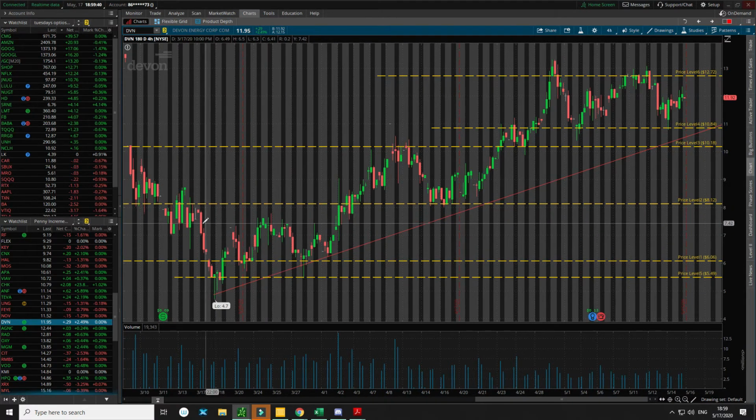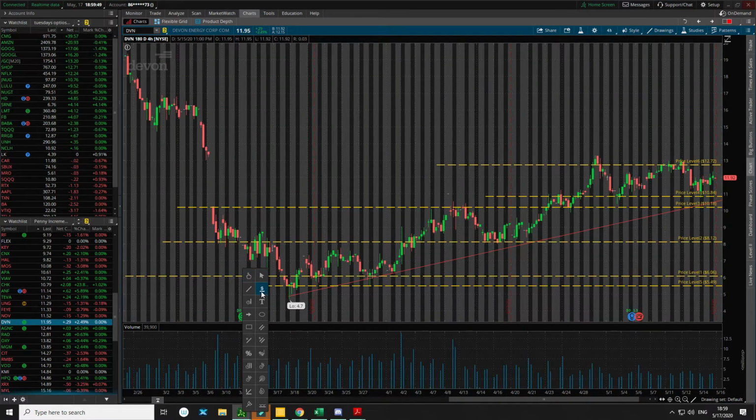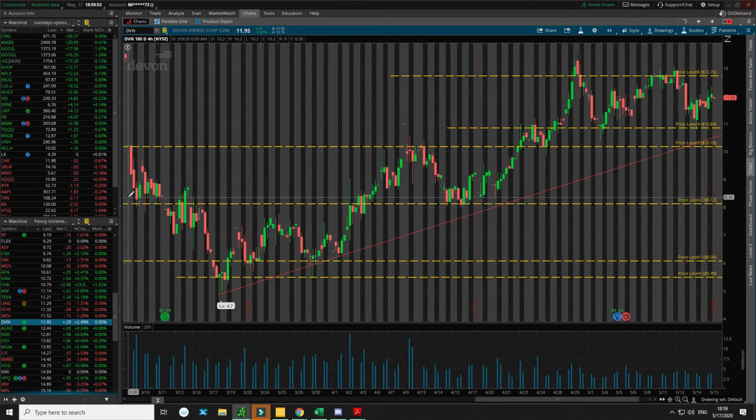Couldn't touch this, but it's okay, because if you look right about here would have been a resistance area with these candles here. You can see that with here, it tried to push up.